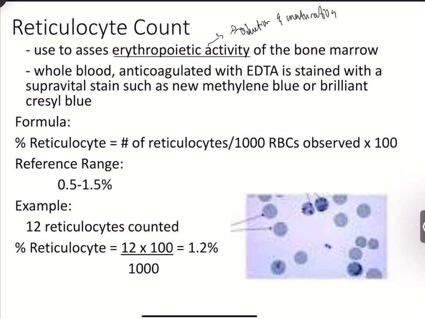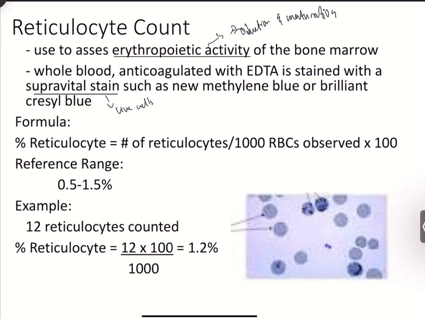What is the process of this? You will obtain whole blood with anticoagulant EDTA, stained with a supravital stain. Supravital stains are used to stain live cells, such as new methylene blue and brilliant cresyl blue.